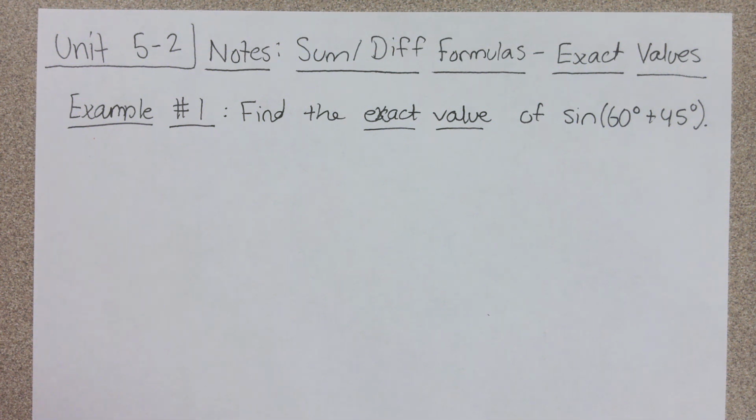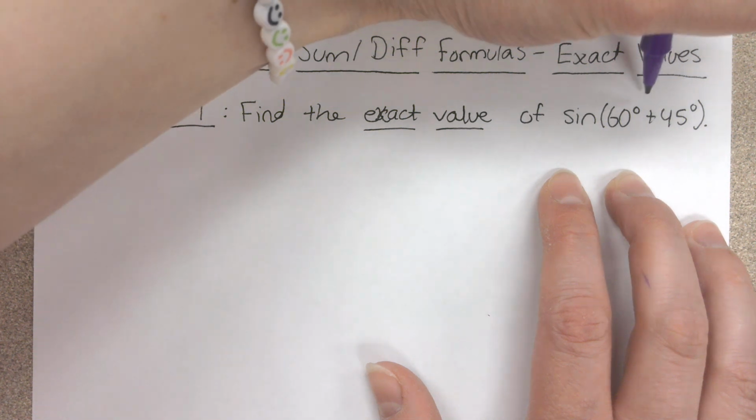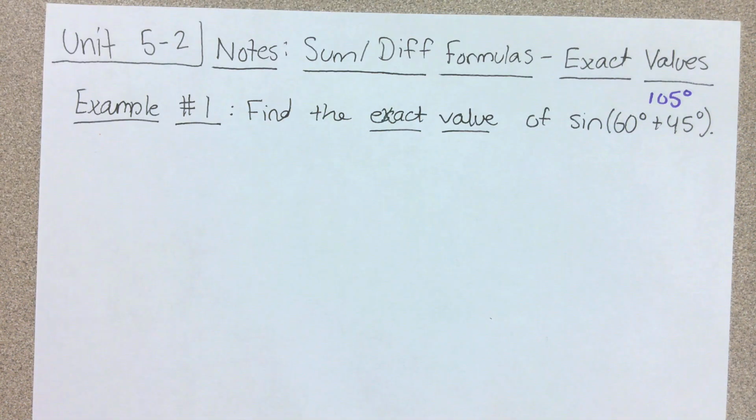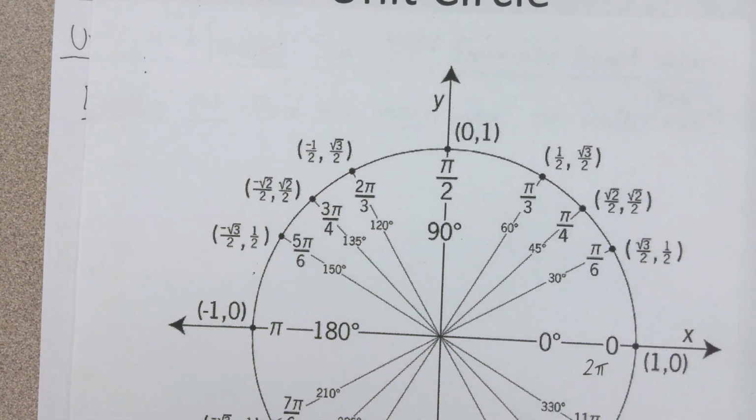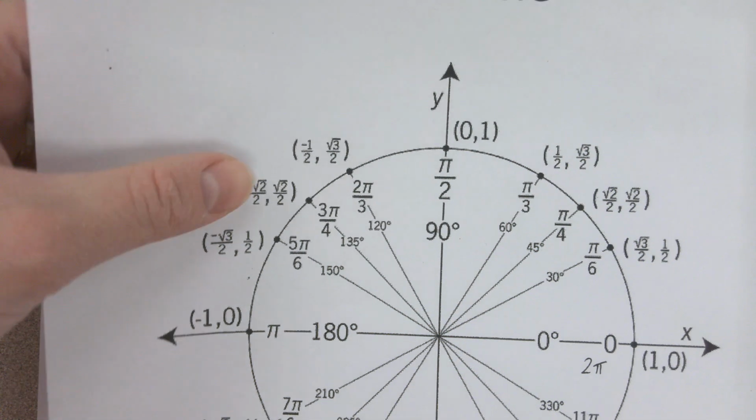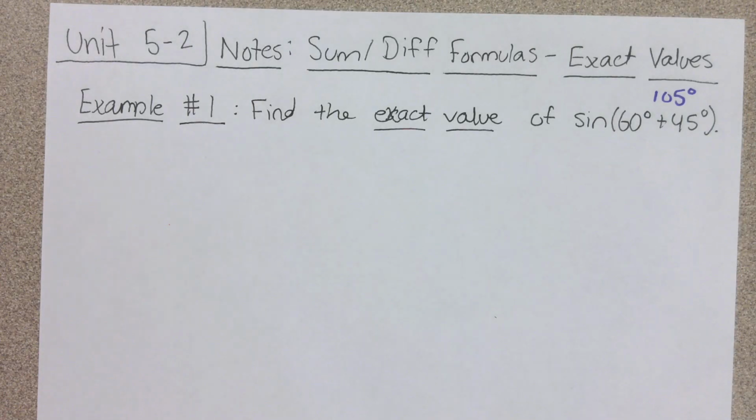Now for clarity, why we need this: 60 and 45, if we add those together, we'll get 105 degrees. And if that were on the unit circle, we could very easily get the exact value, but 105 degrees is not on there. Therefore, we need to use the sum formula to get that.